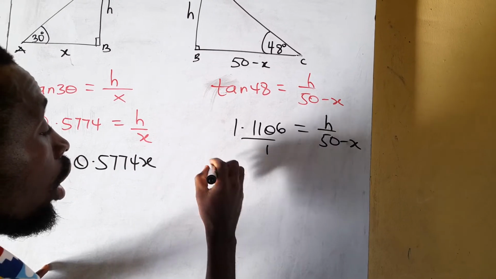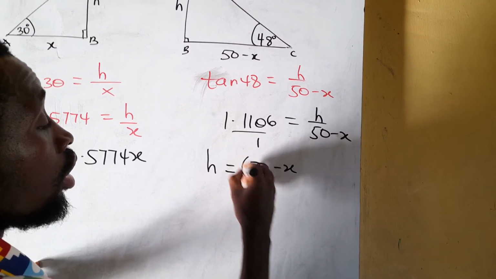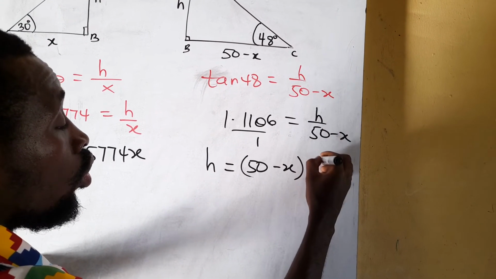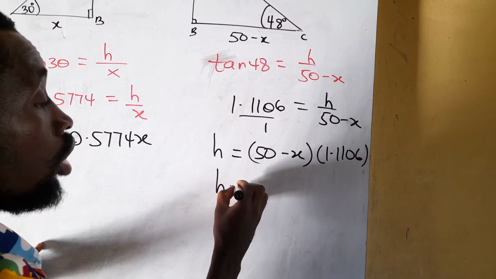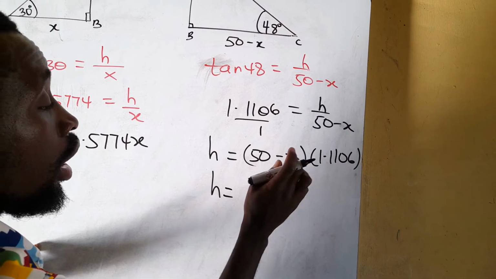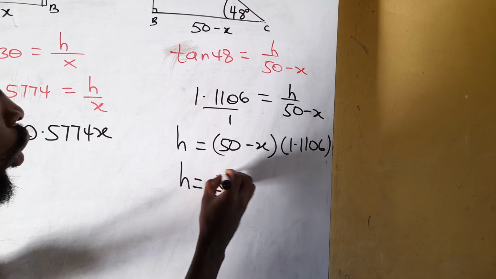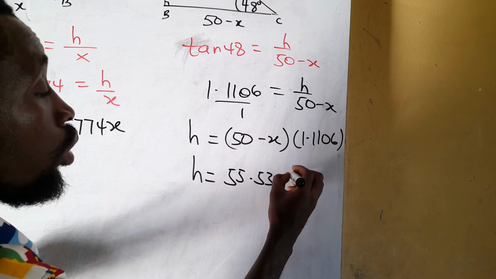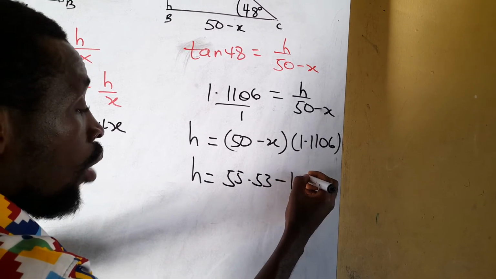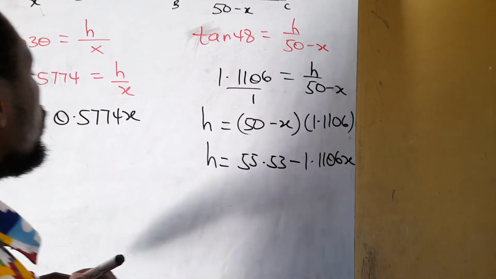On cross multiply, our H will be equal to 50 minus X times 1.1106. So H will be 50 will multiply this and X will multiply. So 50 times 1.1106 will be 55.53 minus X times this will be minus 1.1106x.